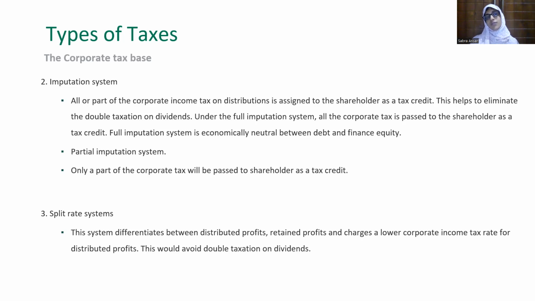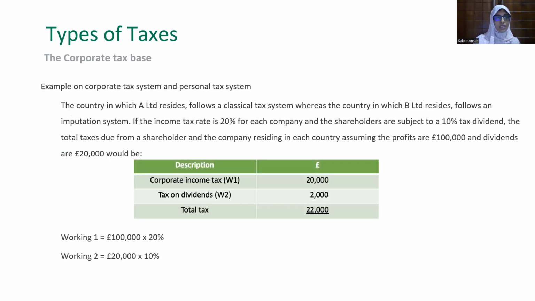Because if the same amount is taxed in the organization, and thereafter individuals also have to pay tax on this particular amount, then obviously there is double taxation. Therefore, split rate systems are used to ensure that there is no double taxation.